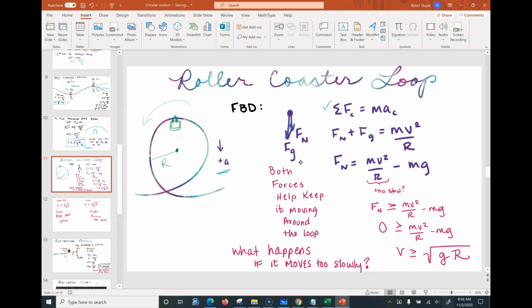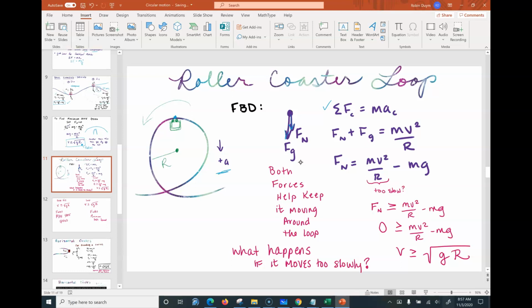Both of these forces are actually positive, so they are both helping keeping it moving and creating this acceleration here. So if we were to solve for our normal force here, we would just bring this over to the other side. So we just rewrote it as mv squared over r minus the weight is going to be that normal force.